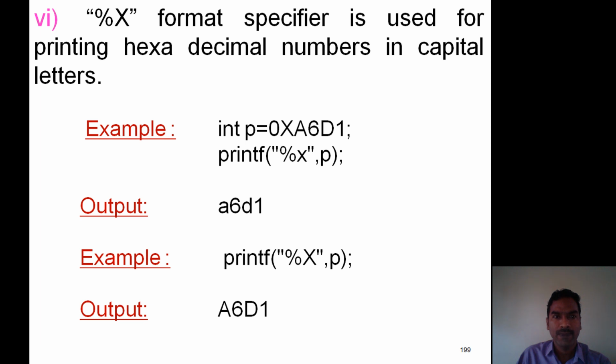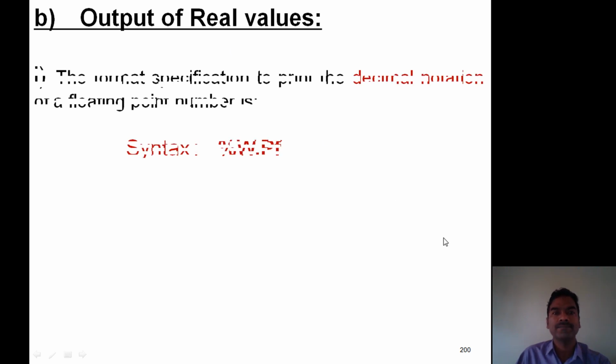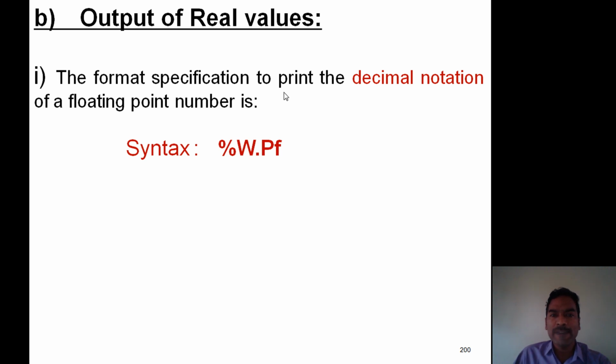Now, output of real values. How to print real values? Real values are also known as float values. Here is the format specification to print the decimal notation of a floating point number. A real value can be printed in two ways: one is decimal notation, another one is exponential notation. Here first we consider the decimal notation format. This one, %W.PF, is the actual format.